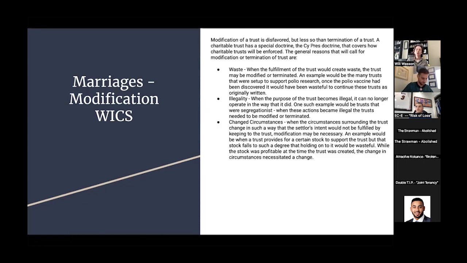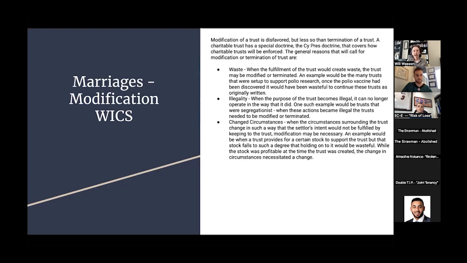And the next one is changed circumstances. This is when circumstances have changed to such a degree as to make a modification necessary. A classic example, straight from the case law: a billionaire newspaper mogul made a trust that supports the newspaper he owned.